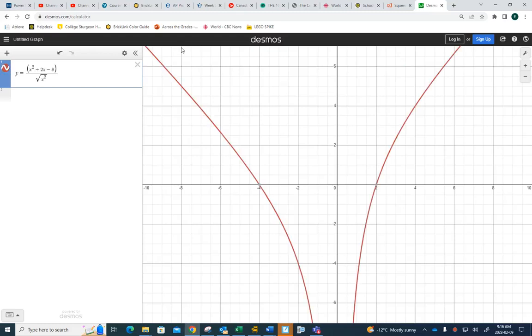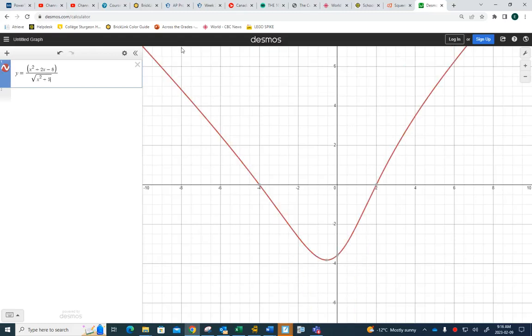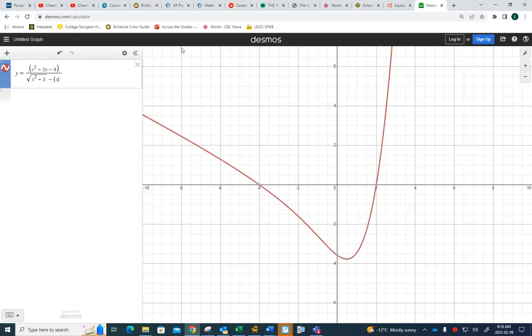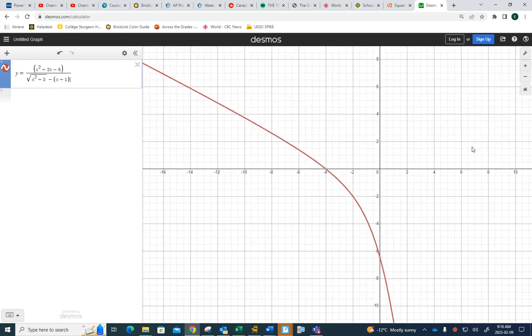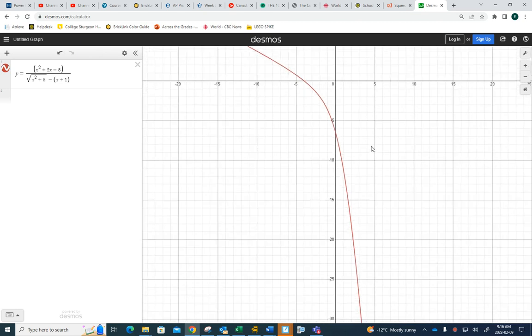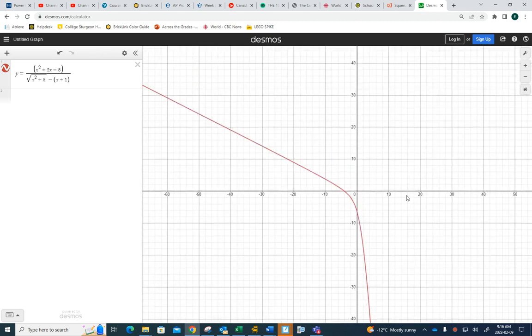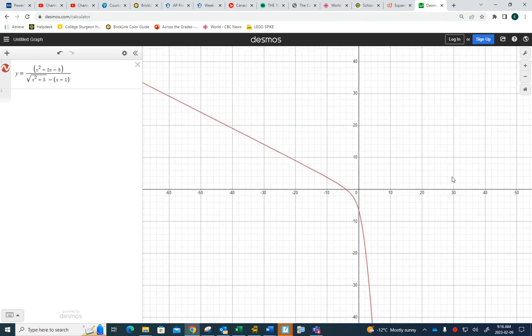x squared plus 5 minus bracket x. Oh, I'm actually disappointed.